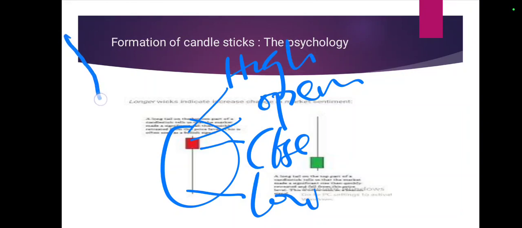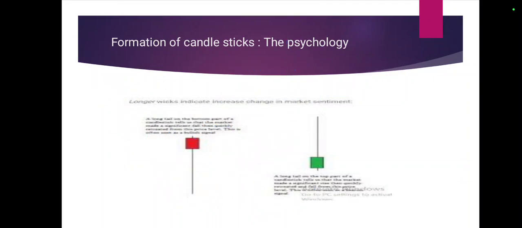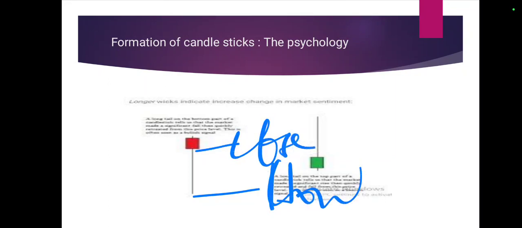Maybe the market has been coming down, and when it reaches this position, buyers step into the market, moving the price up and then closing here. Even though the price closed above the low, this is the low.